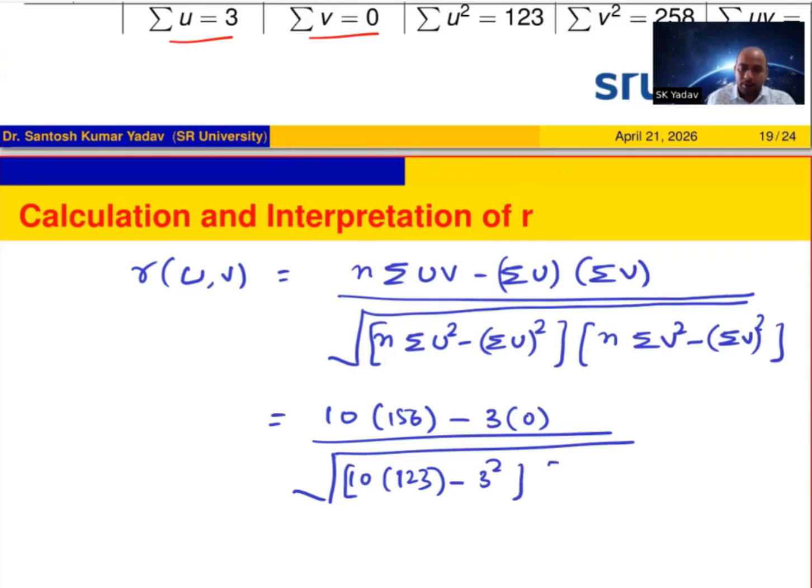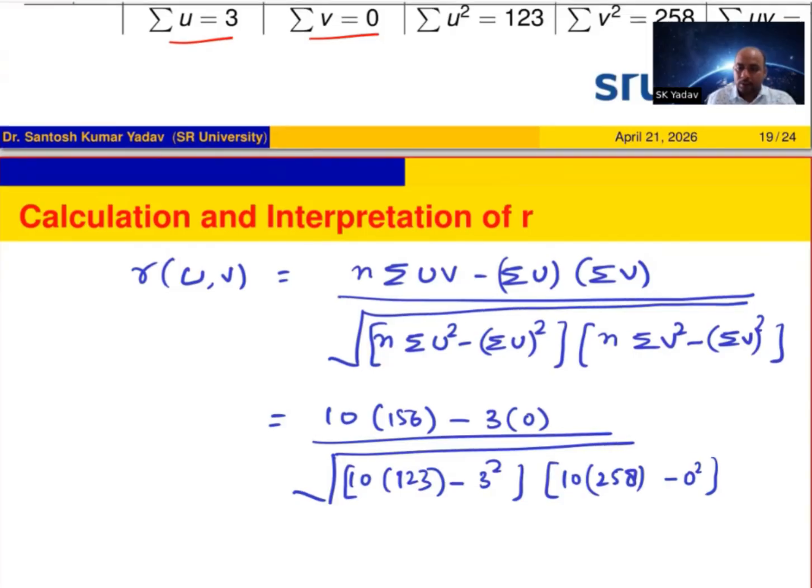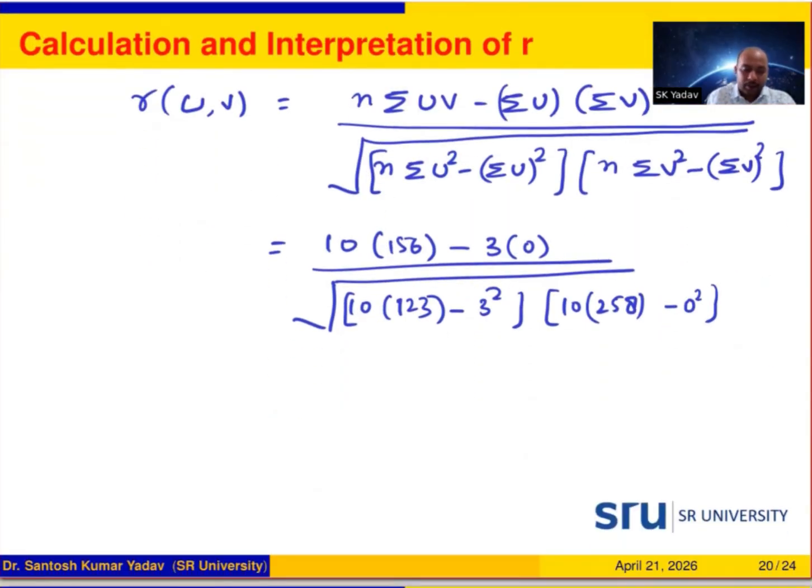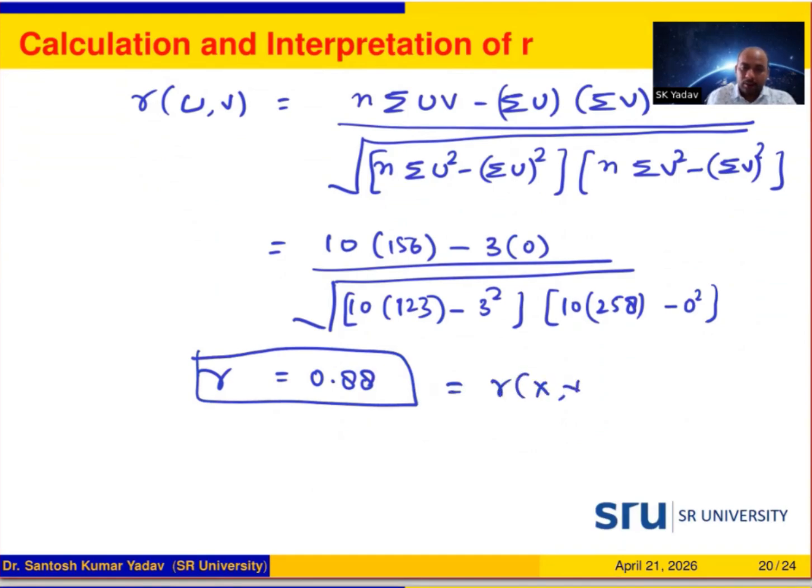In the other bracket, 10 times 258 minus 0 square. This is easy calculation, and R comes out approximately 0.88. So this is actually R between X and Y, which equals R between U and V. So this is your final answer.